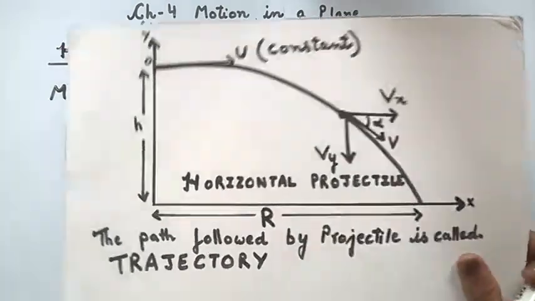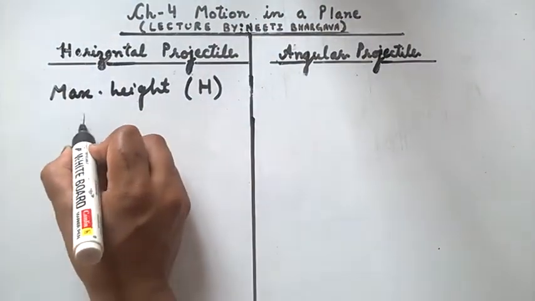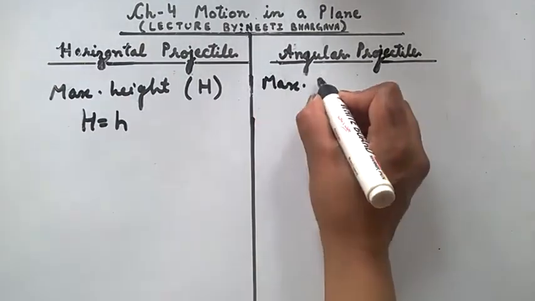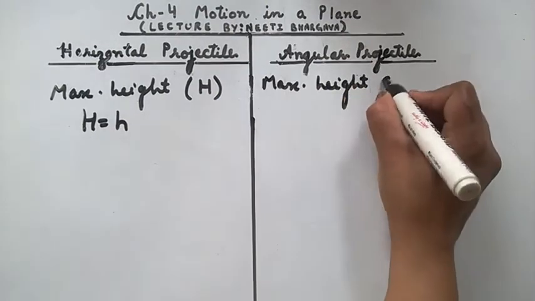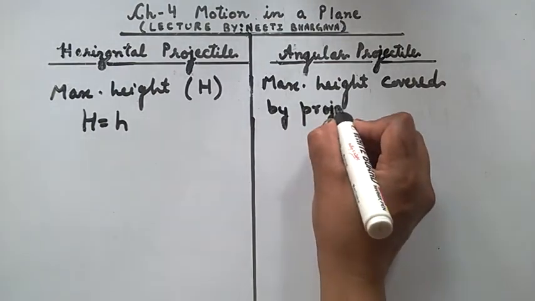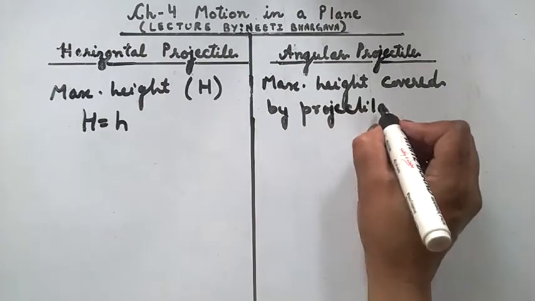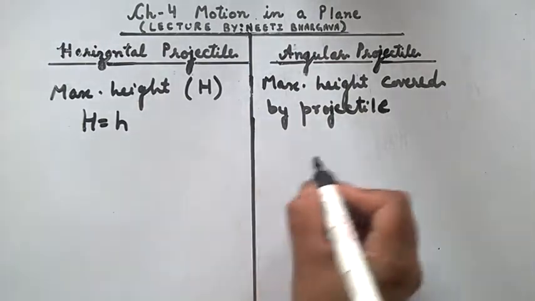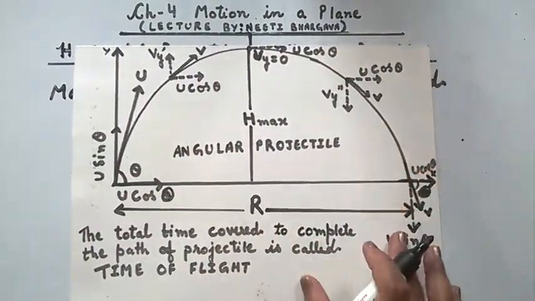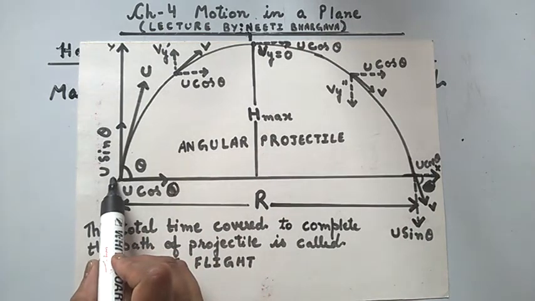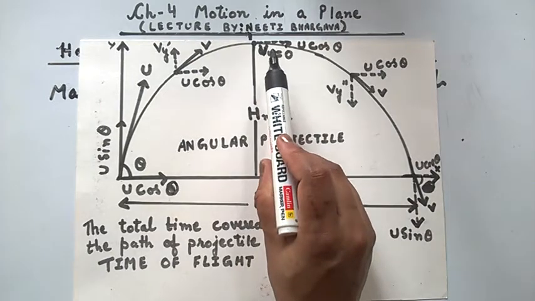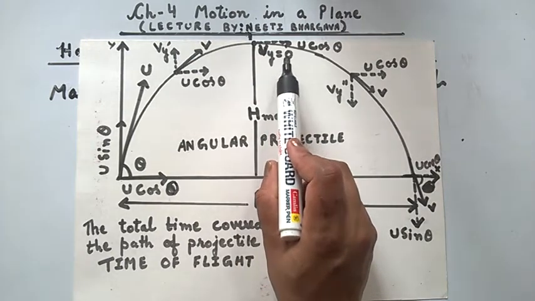Here the maximum height covered by a projectile is the maximum vertical distance covered, and by a diagram we can see that here the initial velocity in y direction is u sine theta and its vertical velocity along y direction at maximum height is 0, and acceleration along y direction is minus g.